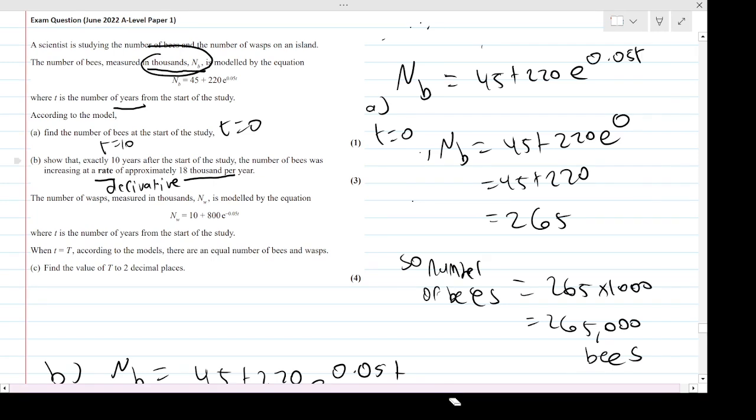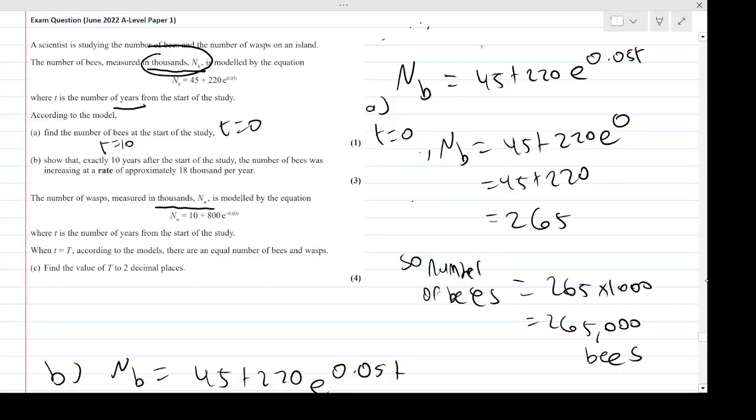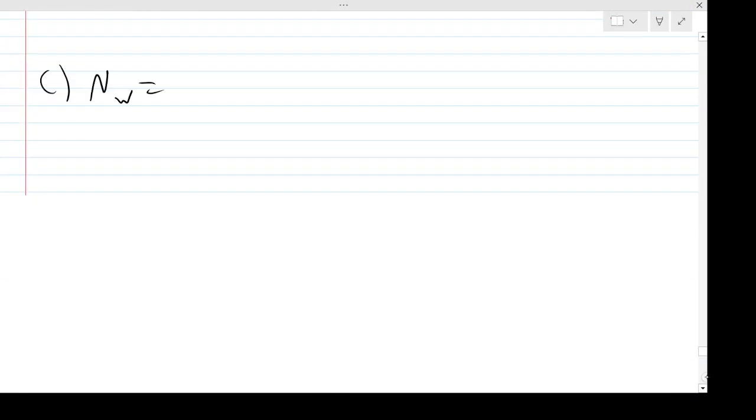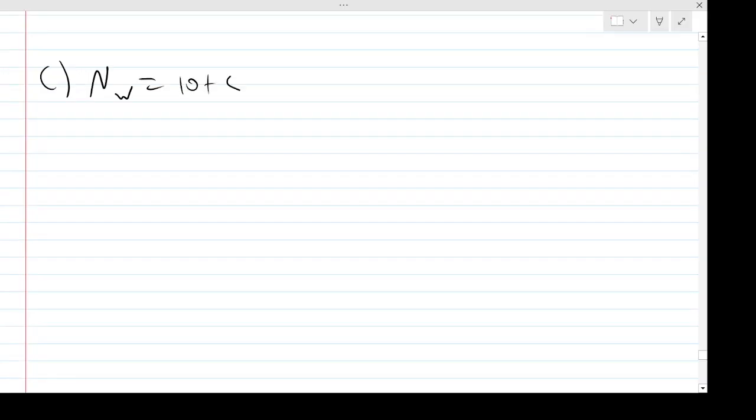Okay, so I'm going to get rid of some of this now, but part C is where it really kicks in. So now we're told the number of wasps, in thousands again, right, is modelled by the equation NW is equal to 10 add 800 e to the negative 0.05t.